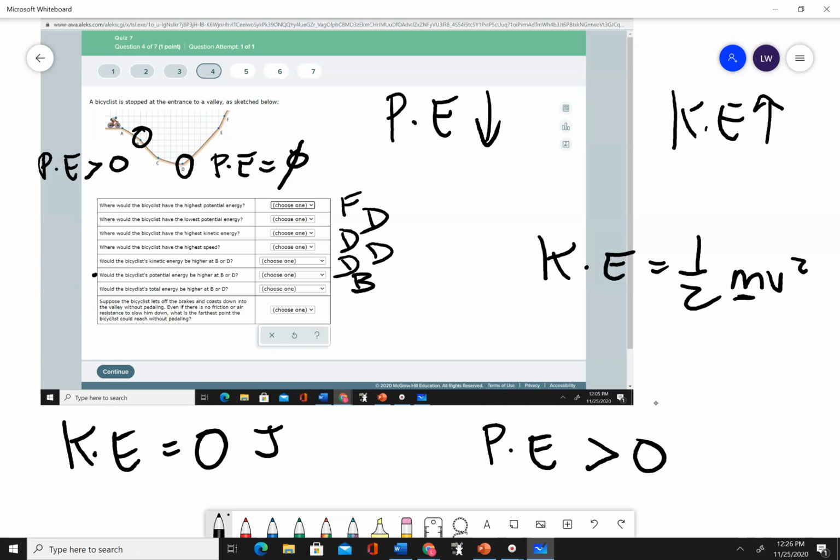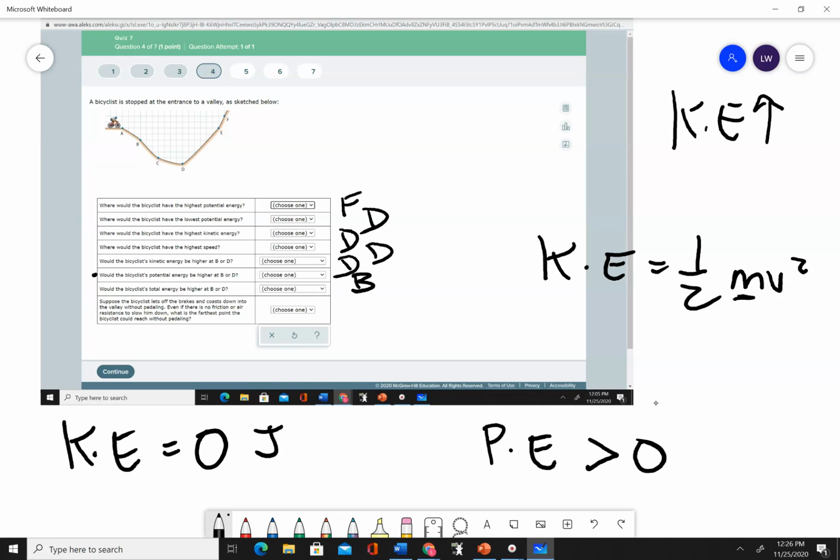Now it asks about the total energy. Well, the total energy is the same the whole way through. We're just converting from potential energy to kinetic energy. To begin with, they have no kinetic energy and they have some potential energy.